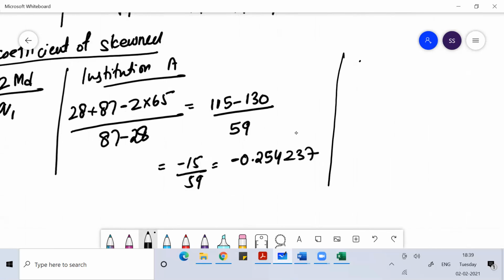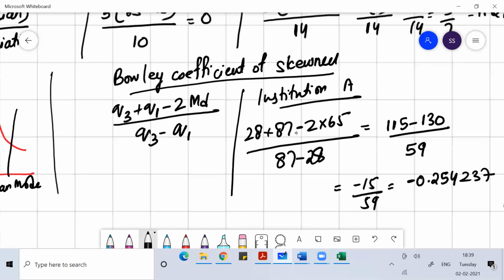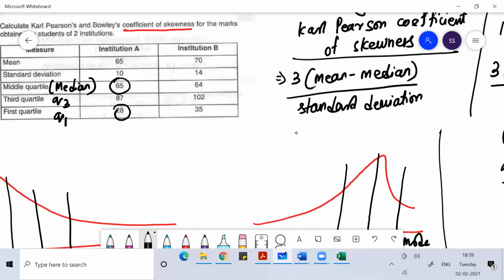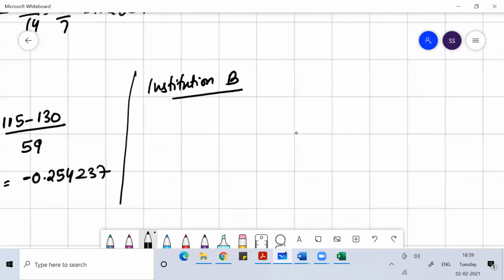Similarly, for institution B, if you want the coefficient of skewness, what are Q1 and Q3? You have 35, 102 and the median 64.